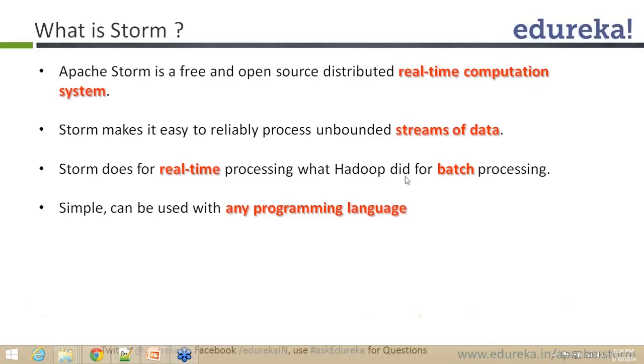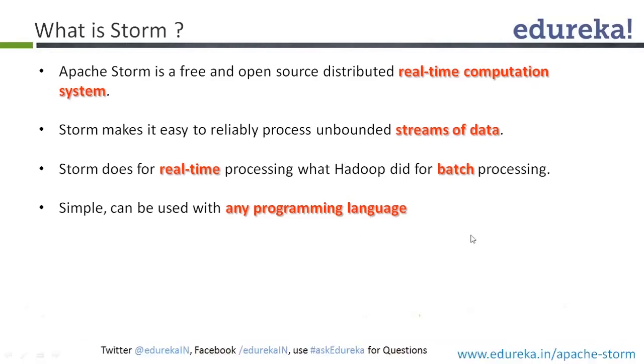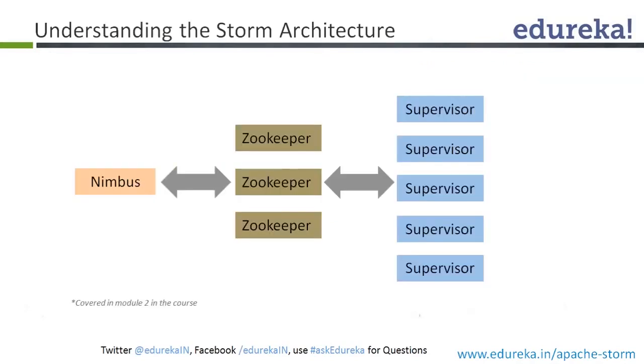Of course, since it is distributed, by adding more and more nodes to your clusters, you can do it in a distributed manner itself. The next thing is, of course, that it is quite simple. I am going to discuss it when I talk about the structure. There are not many concepts in Storm, so it's quite simple.